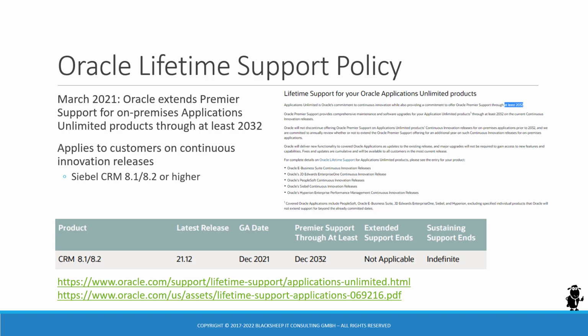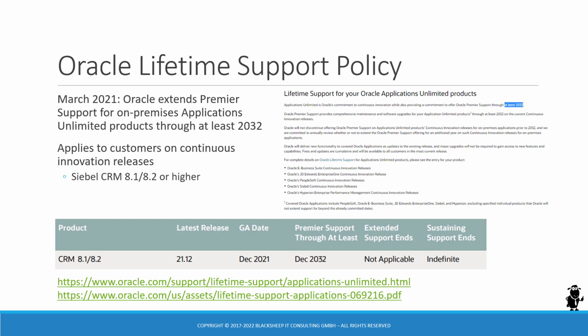So Oracle has extended that Premier support in March 2021 for another year through at least 2032. That means end of that year. So this applies to customers on so-called continuous innovation releases. So technically you have to be on a release that allows continuous innovation, that is 17.0 or higher.